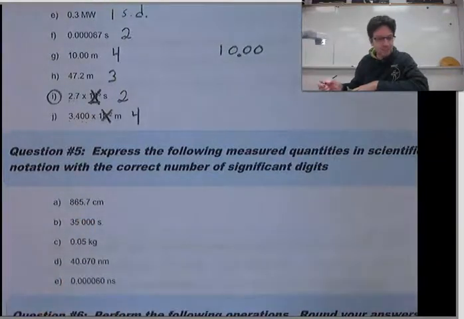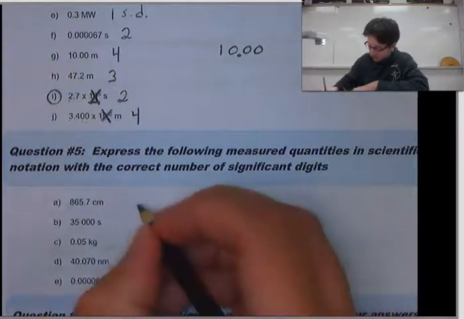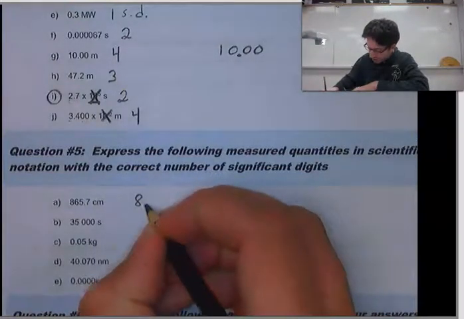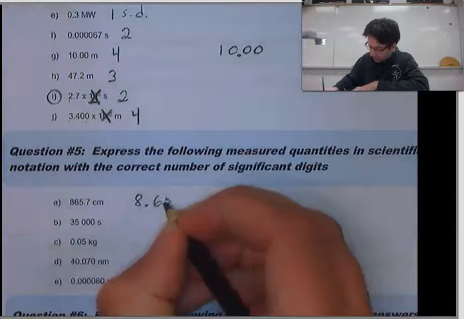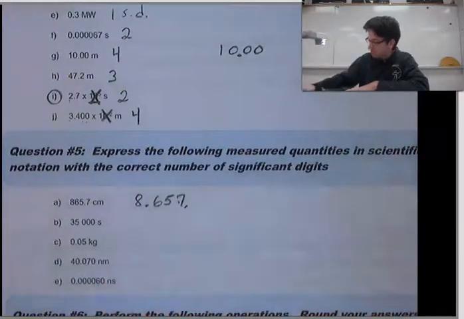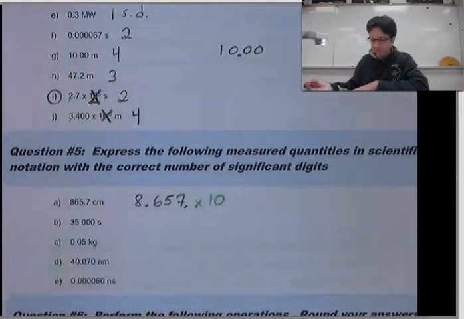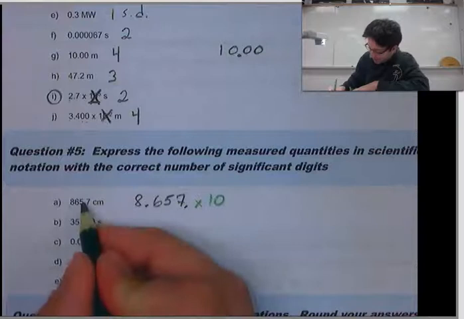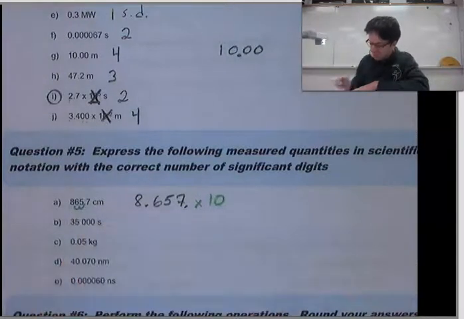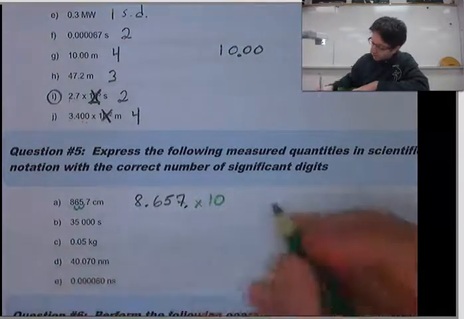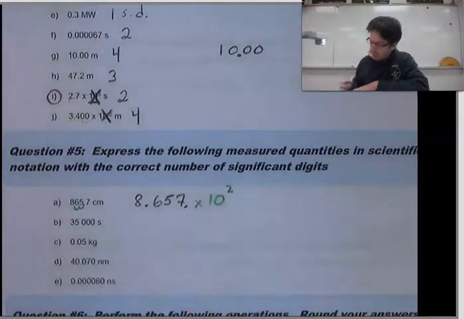But remember, scientific notation says you have 1 digit and then a decimal. So we need to write this as 8.657. And then multiply that, my pencil just broke, multiply that by a factor of 10. Figure out the factor of 10, we're just going to take the decimal place and count how many times we move it. So if we move it to the left twice, it's times 10 to the power of 2.